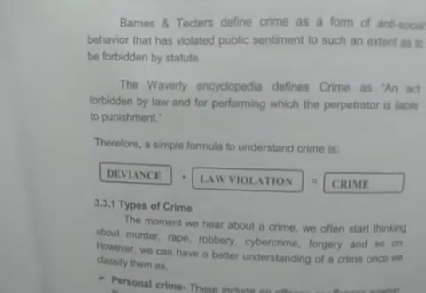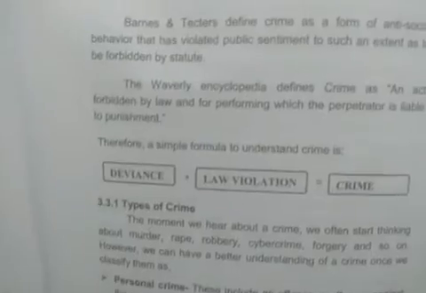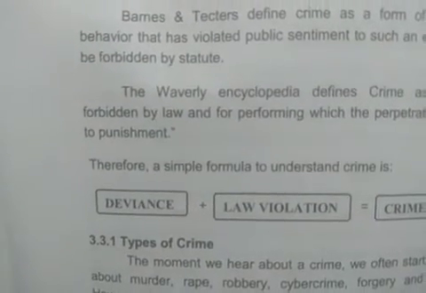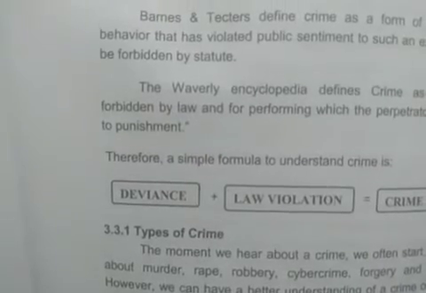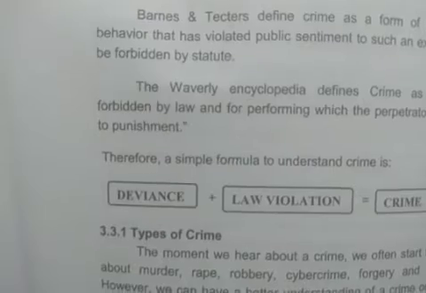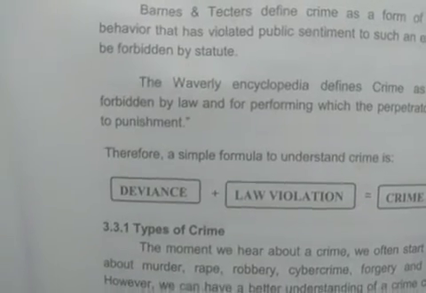According to Darrow, crime is an act forbidden by the law of the land for which a penalty is prescribed. Burns and Chapters define crime as a form of antisocial behavior that has violated public sentiment to such an extent as to be forbidden by statute.